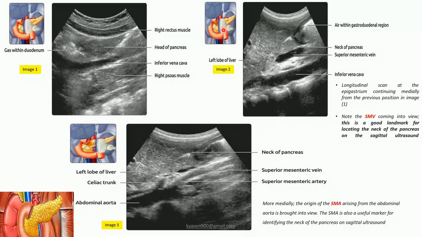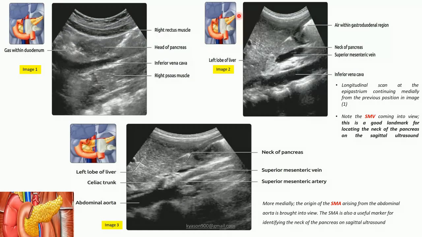We are still scanning the pancreas in this image. You can see we are focusing around the neck. That's the neck of the pancreas. Behind it, we have the superior mesenteric vein coming in to join with the splenic. Here you can see the splenic. Remember, we are orienting our probe in a sagittal manner.